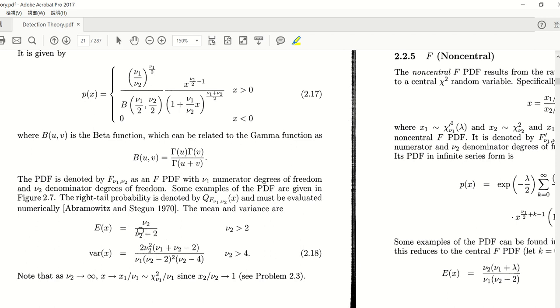So this is the expectation and variance.